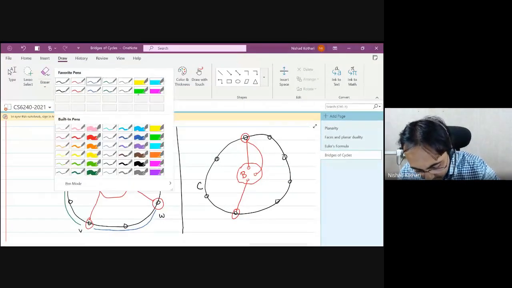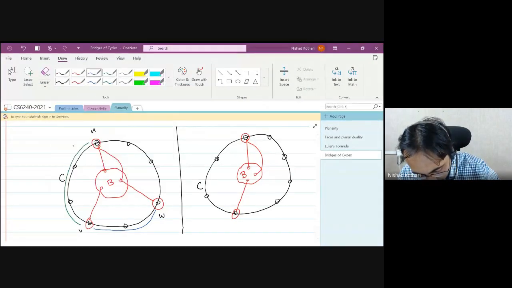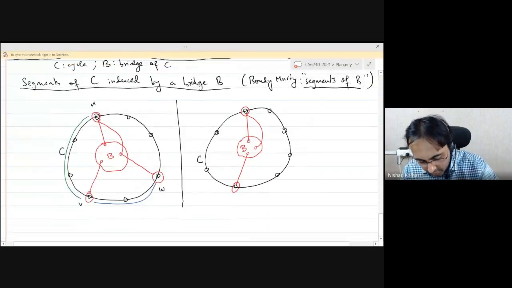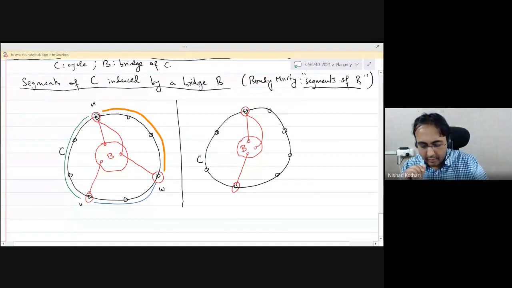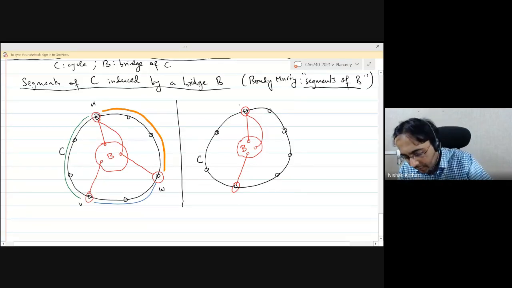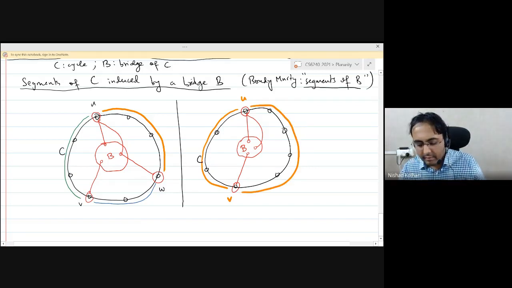And then there is an orange colored path from U to W that does not contain any other vertex of attachment. So these are the three segments of the cycle induced by the bridge B. If your bridge has exactly two vertices of attachment, U and V, then there will be exactly two segments induced by the bridge. And notice that if there is only one vertex of attachment, then this is not well defined because the segments are supposed to be paths.